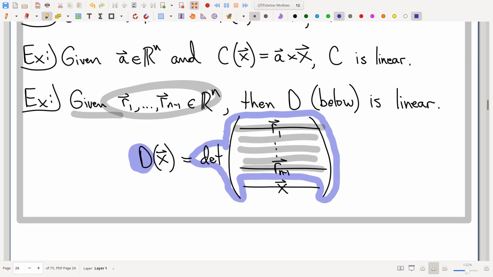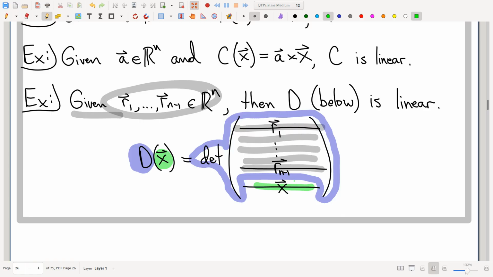D says, look, whatever X you give me, I'm going to put it there, and then I'm going to perform this calculation, right? All these vectors are fixed. All these first n minus 1 row vectors are fixed, and the fact that I'm going to be eventually taking a determinant, that's settled. The only thing that you can do when you give me an X vector is it sort of completes the matrix that we're going to take a determinant of.